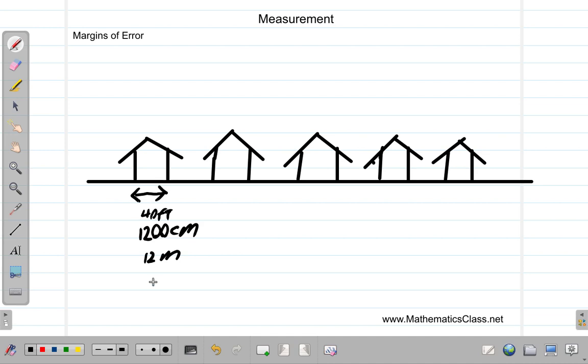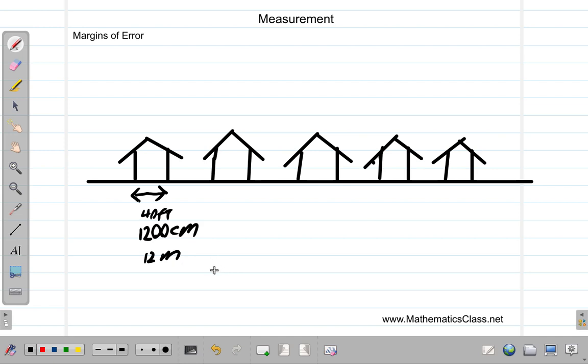If you check and see this house 12 meters wide, this house 12 meters wide, 12 meters, 12 meters, that's the nominal measurement. In other words, that is the measurement you write down, or you tell them that each house is 12 meters wide.